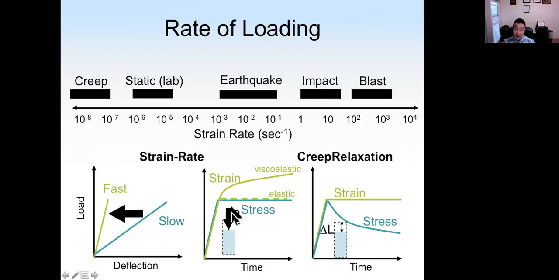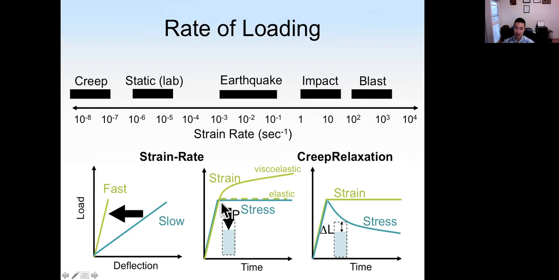This figure shows us if we do not change the stress level, so keep the same pressure on a specimen. If the material is purely elastic, then we know the strain will not change.